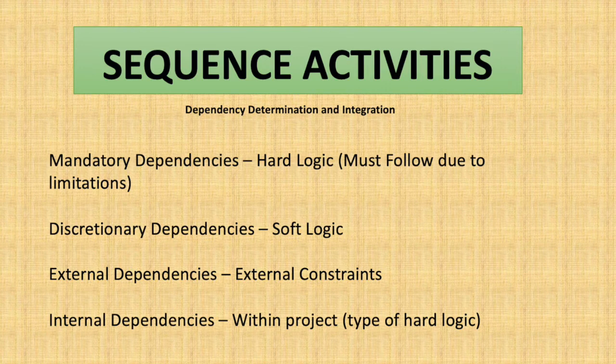So we are waiting for that resource to be free from the other project so we can use it. This type of dependency is within the organization, within the team's hand. This is called internal dependency.